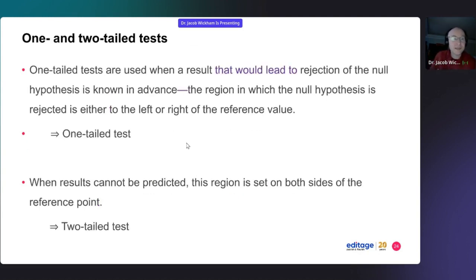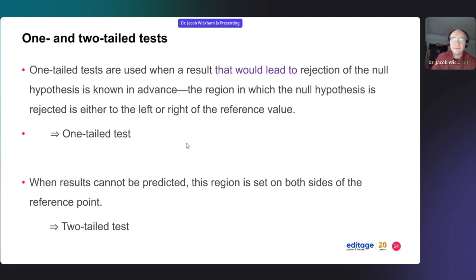There's one and two-tailed tests. If you have a good idea if one population is bigger than the other one, you can do a one-tailed test. This is basically, if you're looking at the bell curve of the data distribution, you can actually test the differences between two populations on just one side of this bell curve.